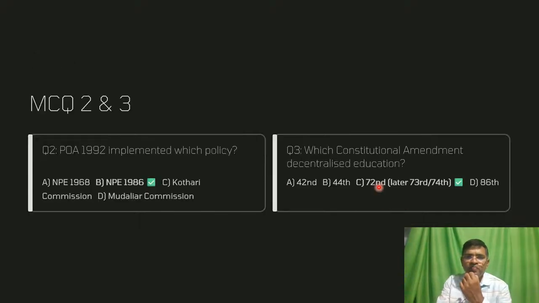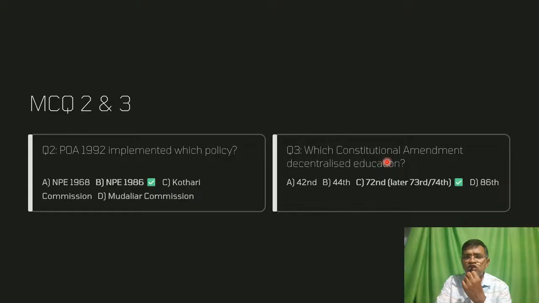Do remember. Then MCQs 2 and 3. Program of Action 1992 implemented which policy? Is it NPE 1968, NPE 1986, Kothari Commission, or Mudaliar Commission? The Program of Action 92 implemented the policy NPE 1986.